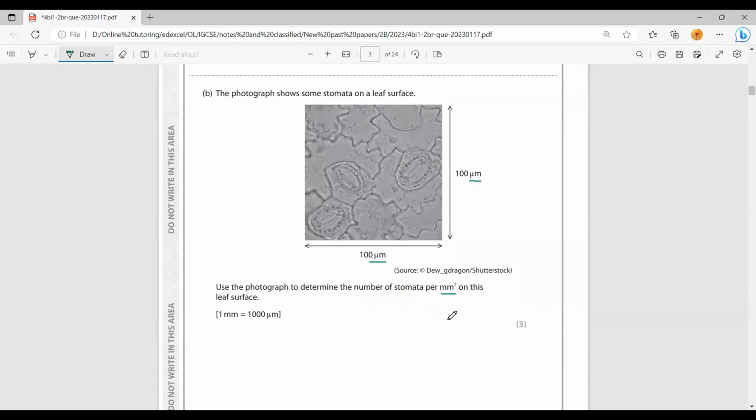In millimeter squared. So the first thing you have to do, what, Hassan? Convert. Yes, bravo.